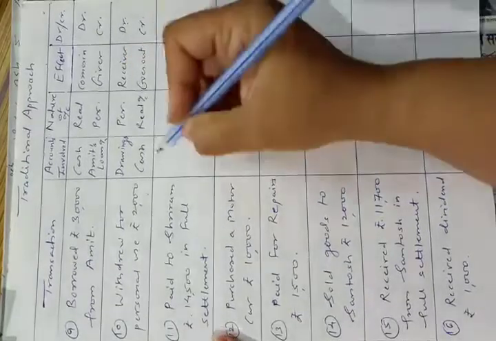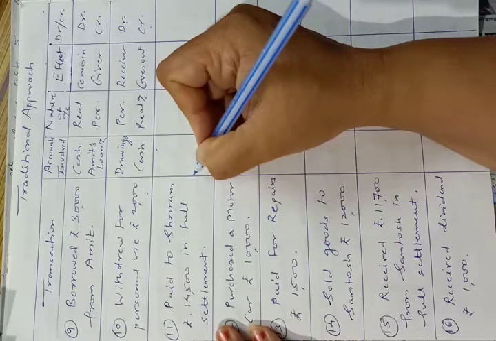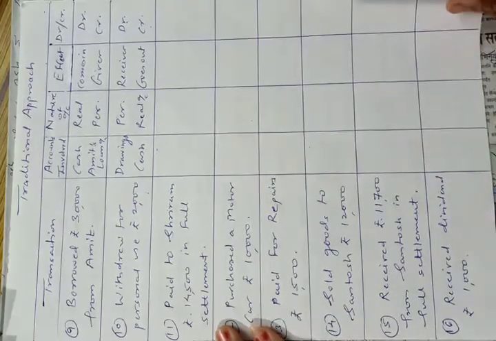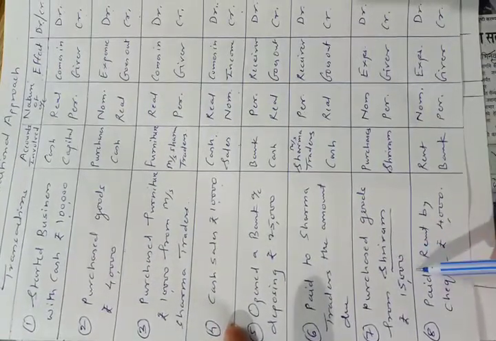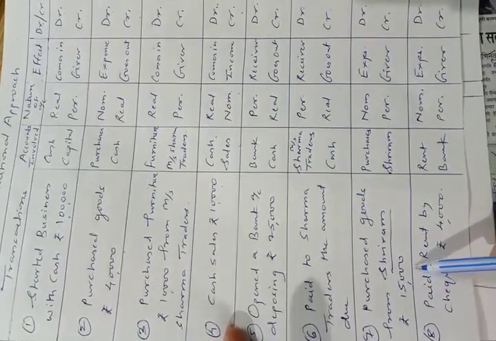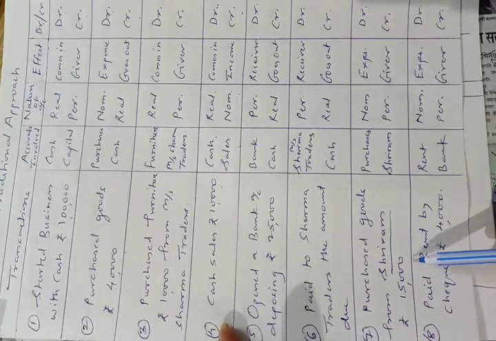Now the next transaction, paid to Shriram rupees 14,500 in full settlement. See, in this problem we have purchased goods from Shriram for rupees 15,000. आपण श्रीरामकडनं 15,000 रुपयाचे goods purchase केले होते, which was a credit transaction, means the amount was payable.